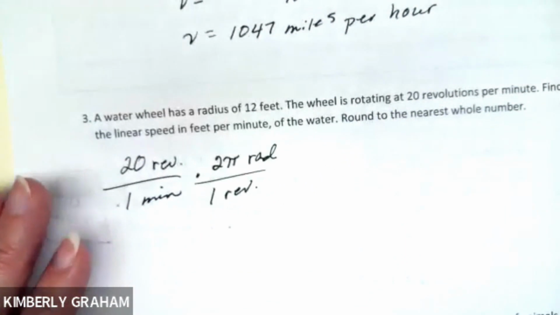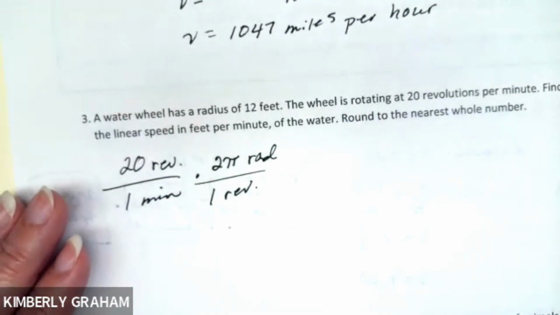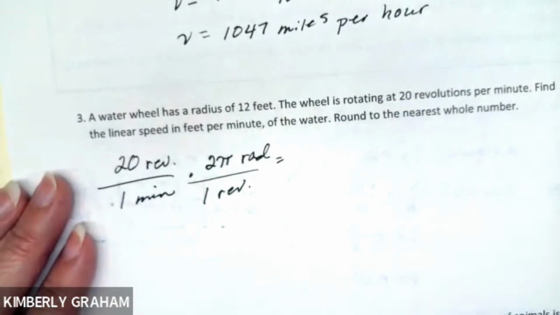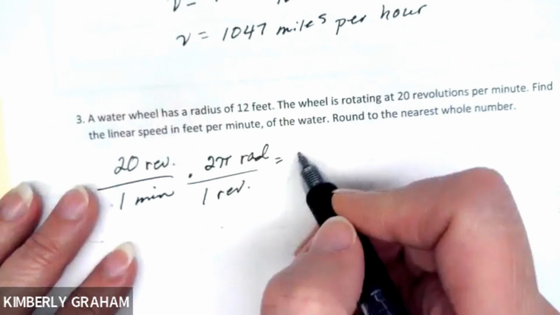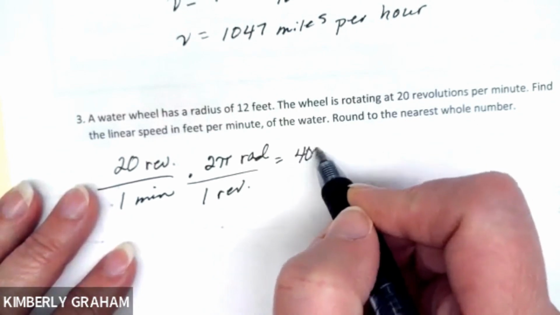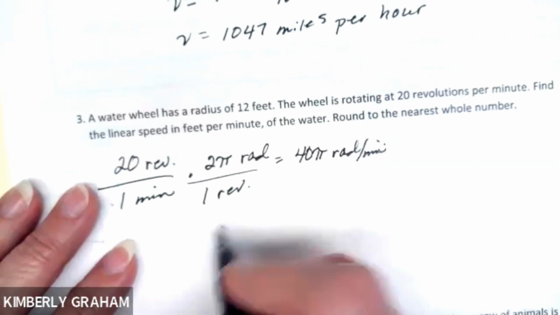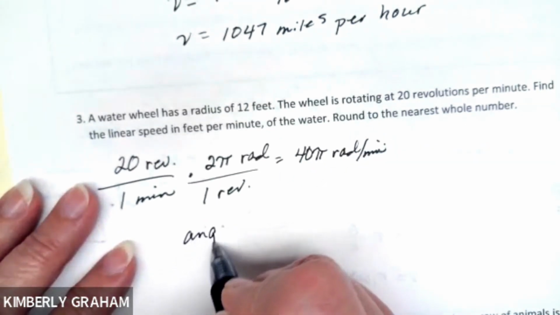We're just converting units of measurement, from revolutions to radians. So this is 40 pi radians per minute. This is my angular speed.